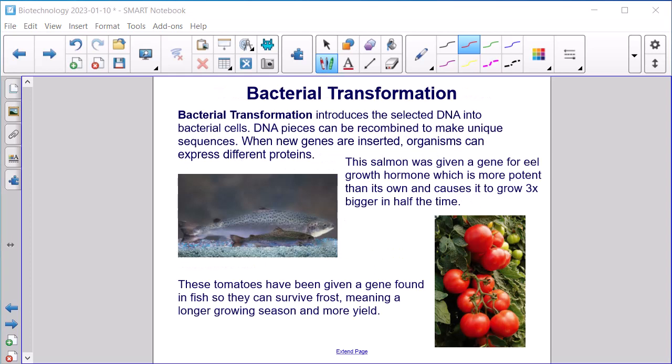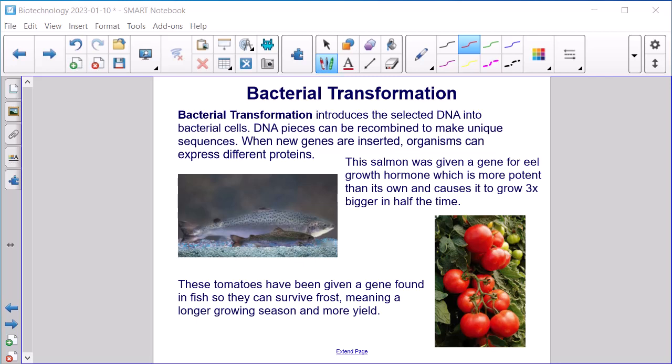Bacterial transformation introduces the selected DNA into bacterial cells. DNA pieces can be recombined to make unique sequences. When new genes are inserted, organisms can express different proteins.